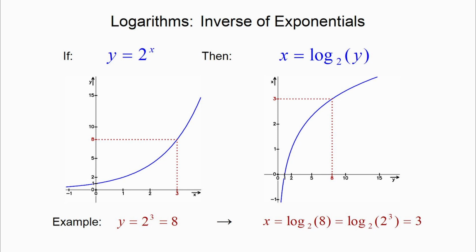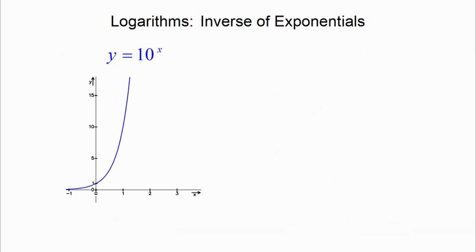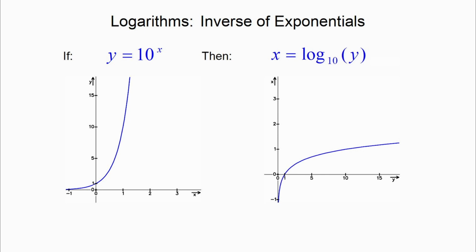Notice that the logarithm operation cancels the exponentiation when both have their base in common. A commonly occurring value of the base is 10. The course of the function y equals 10 to the x is a lot steeper than the previous one. Accordingly, its inverse base 10 log of y operation does the opposite.